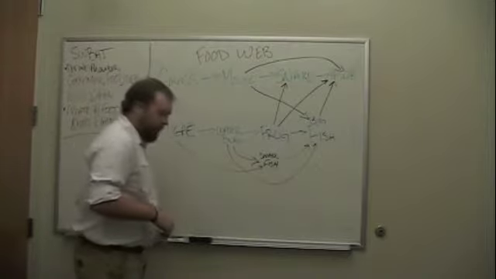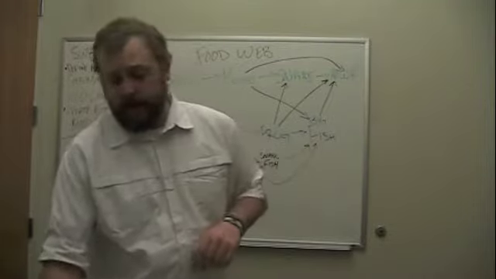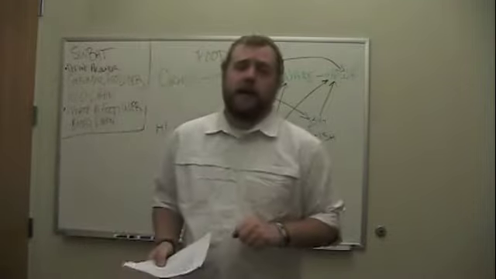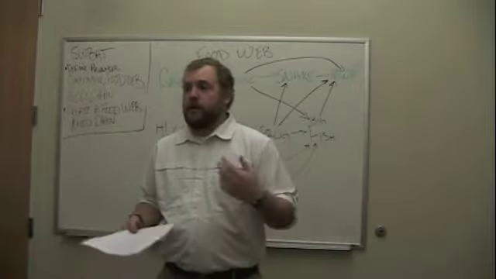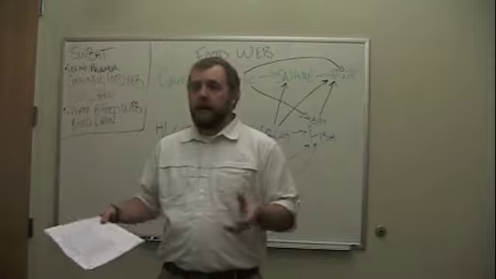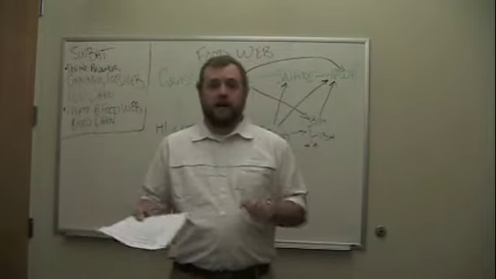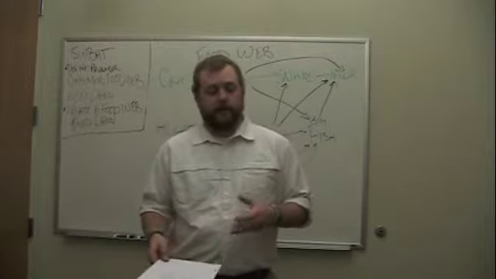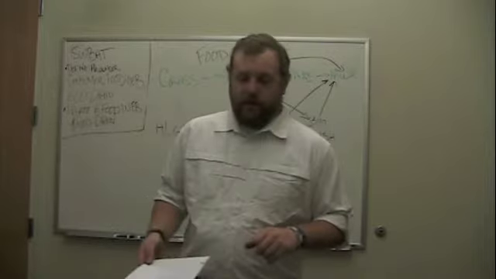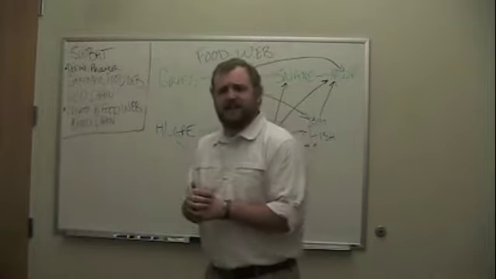So now I'm going to have you guys get in groups, and I'm going to pass out a worksheet for you, and you are going to cut out the different organisms and create a set of food chains and then a food web on your poster board that is also provided. So I'll give you the rest of class to do that, and we'll convene just for a couple minutes at the end.